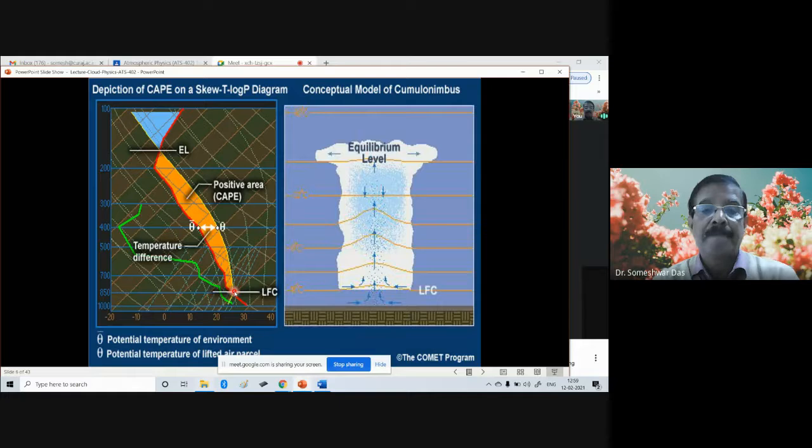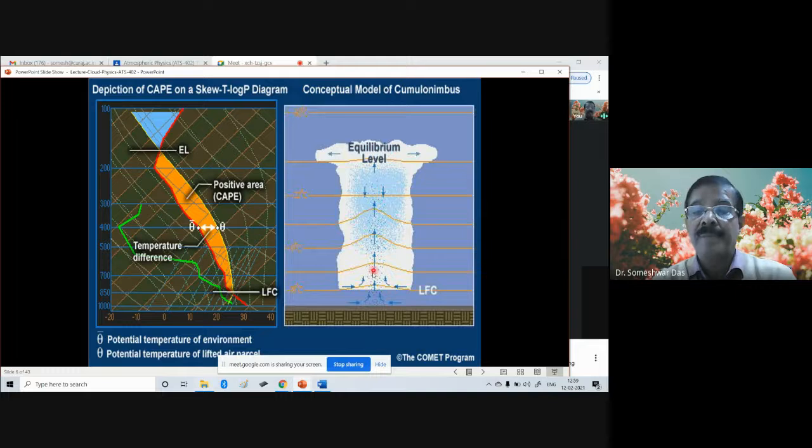After the parcel rises, at a certain point in the vertical the two lines meet again, and that is the level of equilibrium, which is the top of the cloud. So the cloud base is at the LCL or LFC, and the cloud top is at the EL, the equilibrium level.